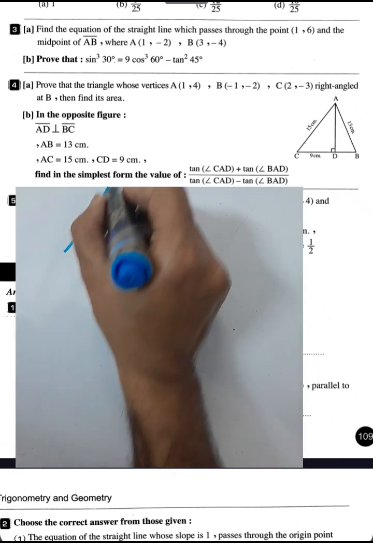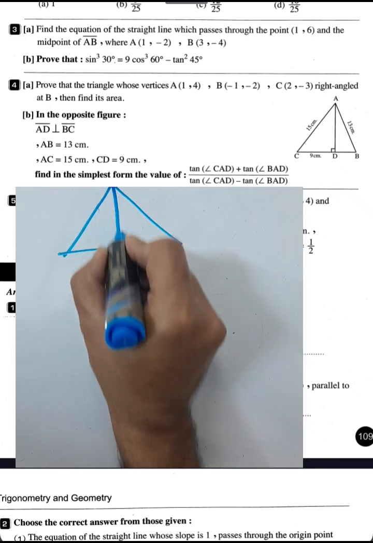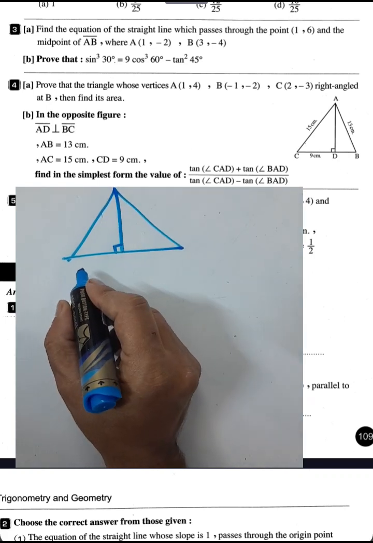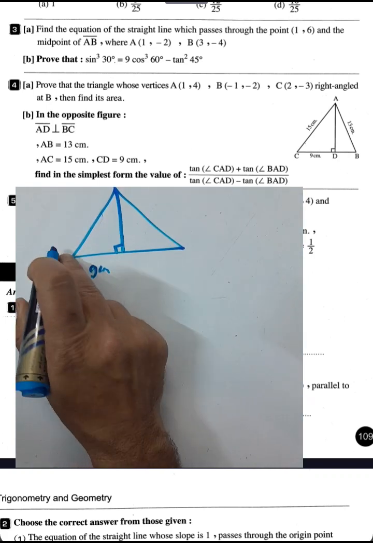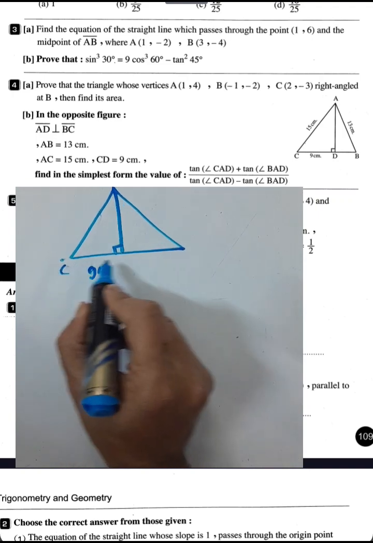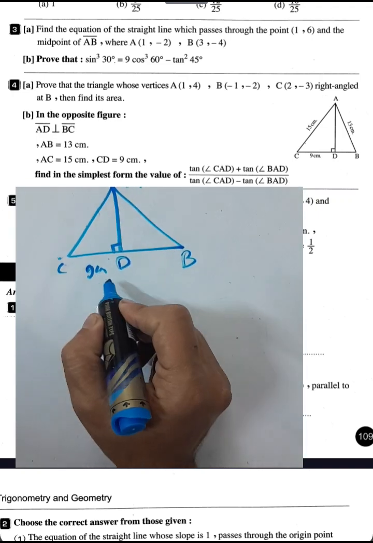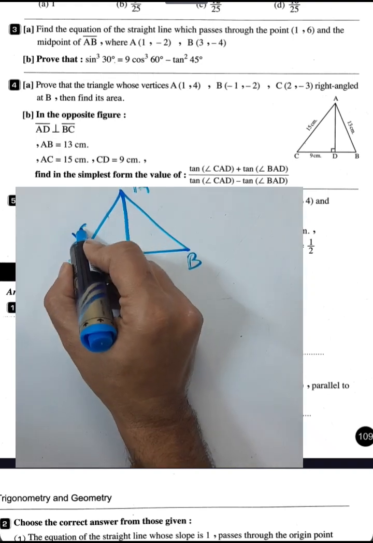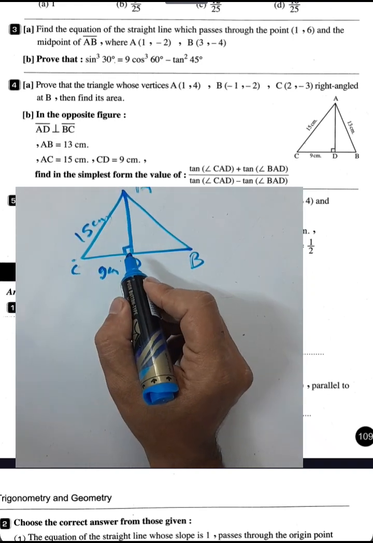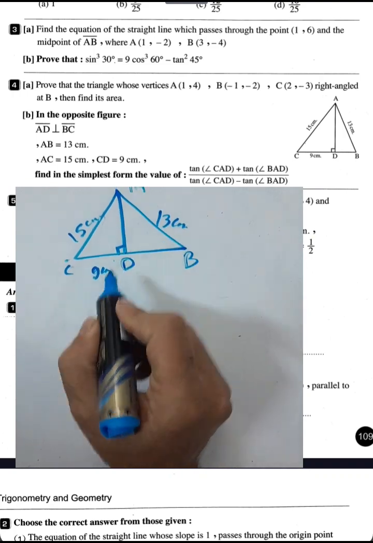Next example, we have a triangle here, and we have the side perpendicular to the base, and this length was 9 centimeters. This part from C to D, and we have here B and A. It was perpendicular, and we have here 15 centimeters, and this side was 13 centimeters.